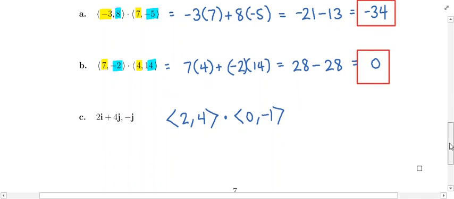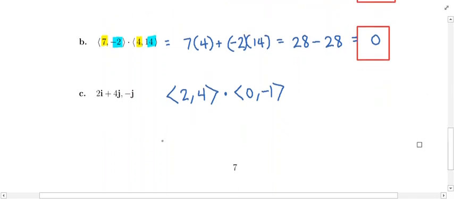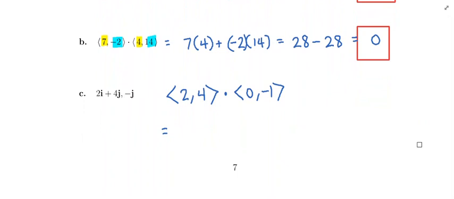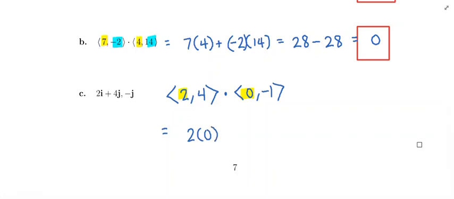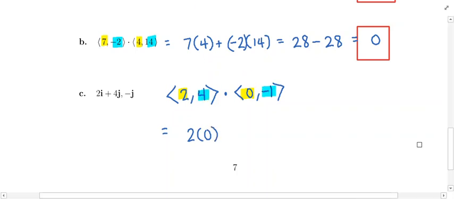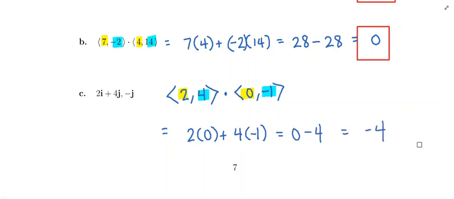If it's easier to handle it this way, then do that. Now let's multiply the horizontal components together: 2 times 0. Then the vertical components: 4 times negative 1. Add the results: 0 minus 4. So the answer here is negative 4.